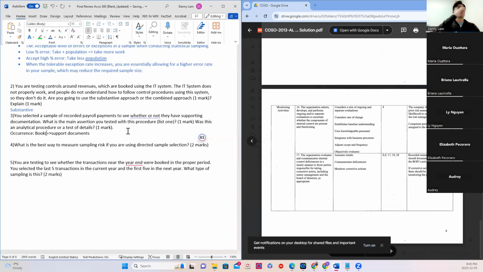Maria. The payroll, the recorded payroll payments. And supporting documents is what? It's a supporting document, right? Okay.